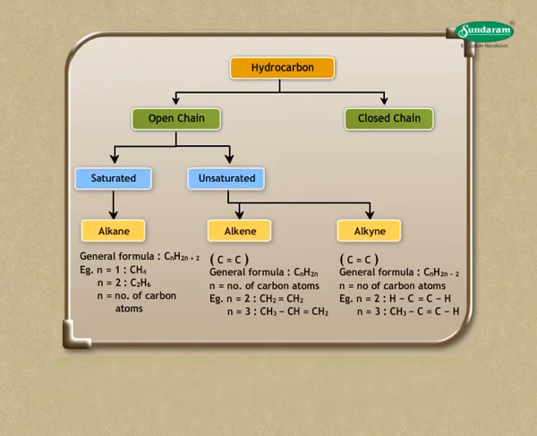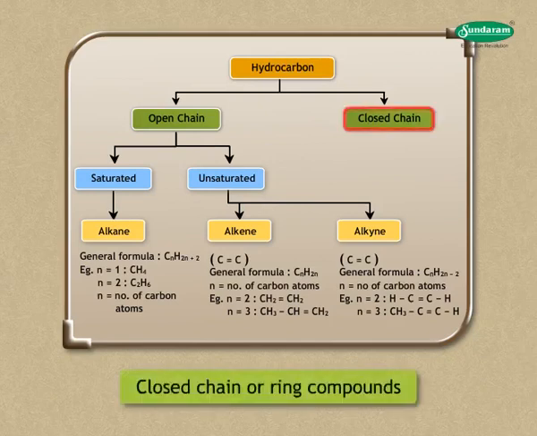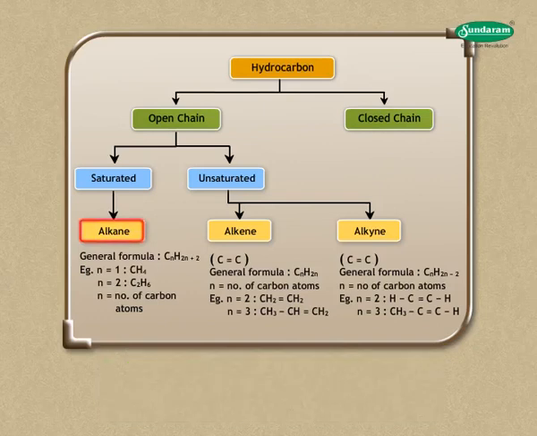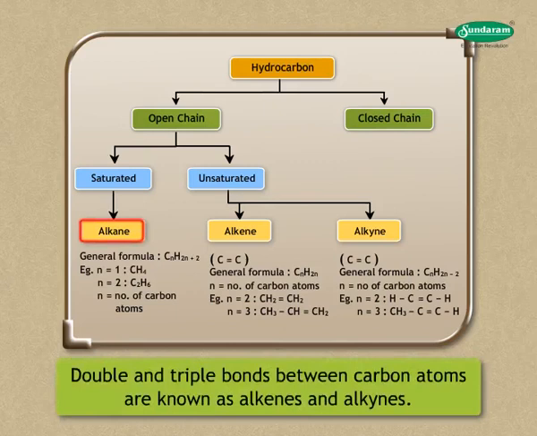These chains can have branches and crosslinks and are known as closed chain or ring compounds. Hydrocarbons containing only single C-C bonds are called alkanes. Hydrocarbons containing double and triple bonds between carbon atoms are known as alkenes and alkynes respectively.